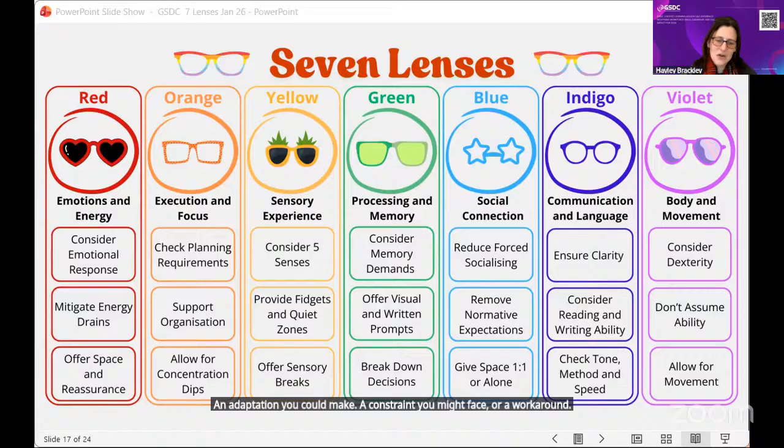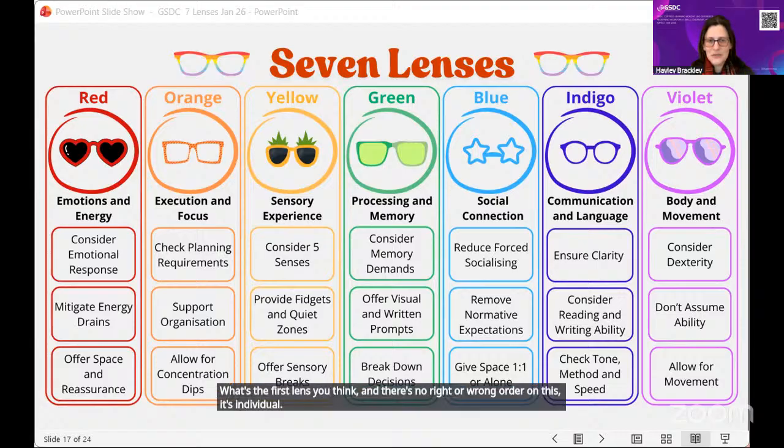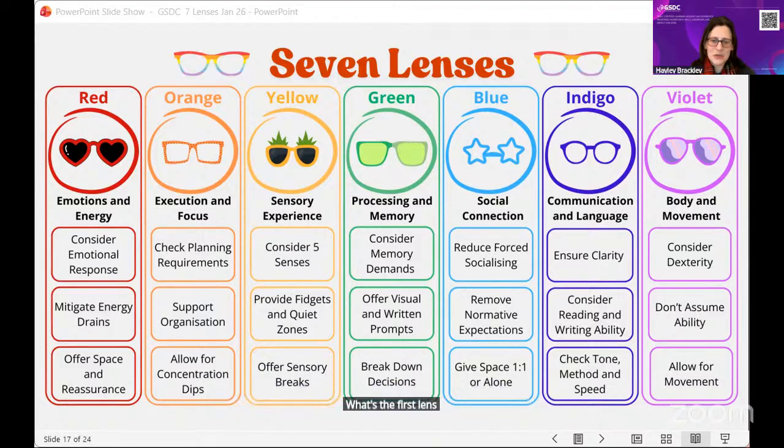So let's start off with the first one. Thinking about the spaces you create, what's the first lens you think, and there's no right or wrong order on this, it's individual, but what's the first lens you think would be good for you to consider around one of your facilitation or training or workplace spaces?